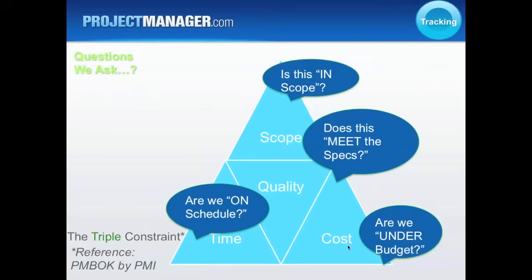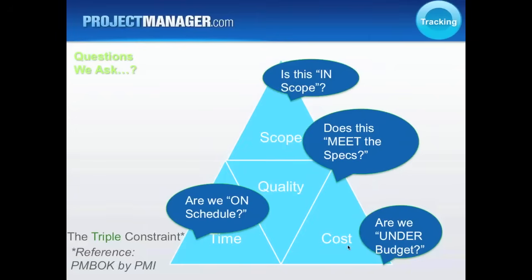Some of the questions that we should be asking along the way, either you as a project manager, your stakeholders, or even your team members, you should always train everyone to continue to ask these questions. Is this in scope? If someone brings something new on board during different phases of the project, continue asking, is this in scope?